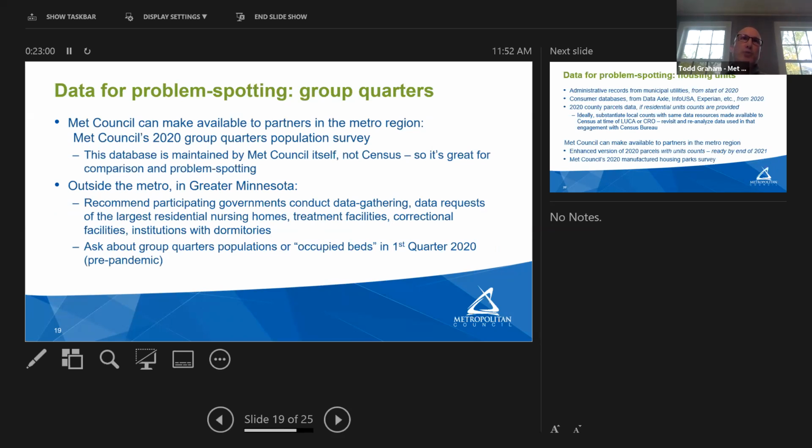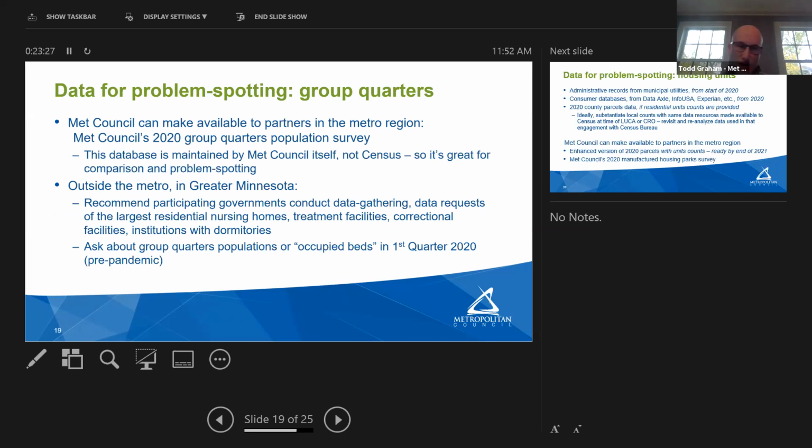I said a little bit about group quarters. In the metro area, our agency actually does a group quarters population survey every year. This is separate from the Census Bureau, but we have a list of all the major college dormitories, correctional facilities, and so on. And we do our own survey annually asking for head counts of who is in institutional and other group quarters situations.